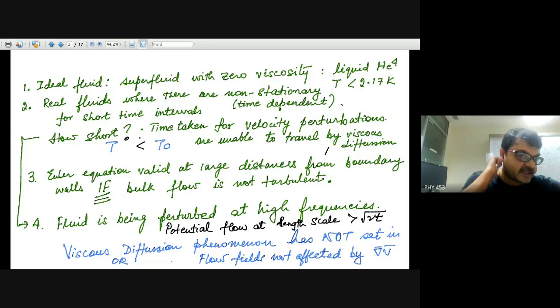Actually, you create a velocity gradient. But if you're looking at large distances, much larger than those over which diffusion of momentum affects, then you can use the Euler equation.